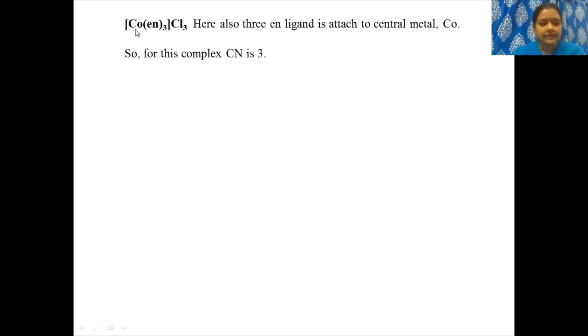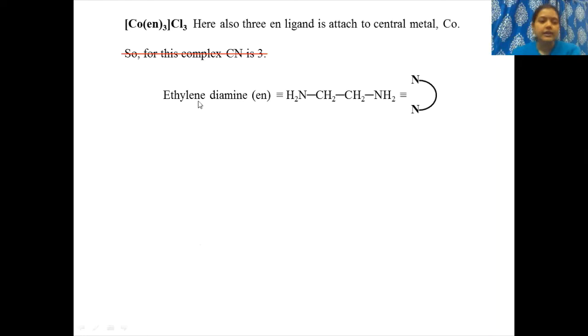In the second example, [Co(en)3]Cl3, here we can say three en ligands are attached to cobalt, so the coordination number is 3. But this is wrong. Why? Ethylene diamine, or en, is NH2CH2CH2NH2. Here the molecule has two donor atoms, that is, two nitrogens.